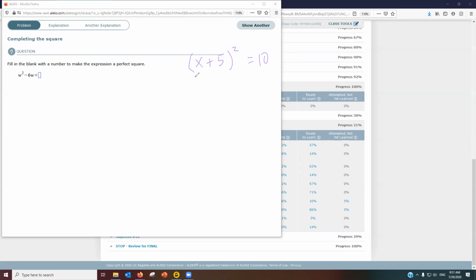Well, if I was to expand out this side, this would be x plus 5 times x plus 5. And if I do a FOIL multiplication on this, this will be x squared plus 5x plus 5x plus 25, which is x squared plus 10x plus 25.